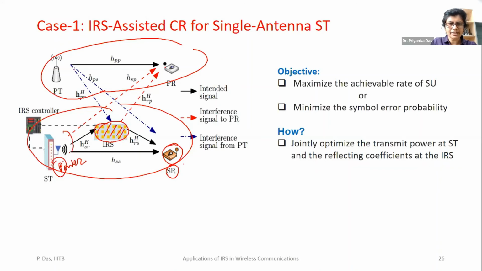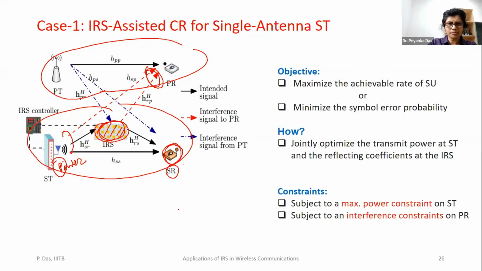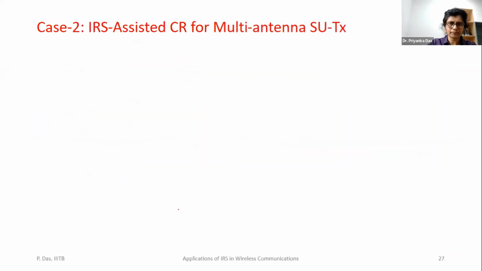Because I need to moderate my power to meet the interference constraint, and I need to control the reflecting elements to get a signal which is strong enough here, but less significant here, such that my IRS will not cause too much interference at the primary receiver. So this is another good problem you can look at. Your team is looking into this.